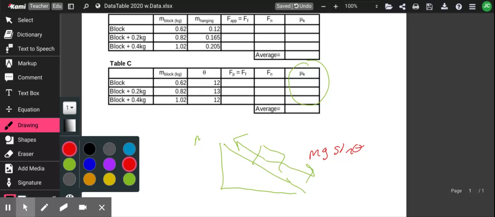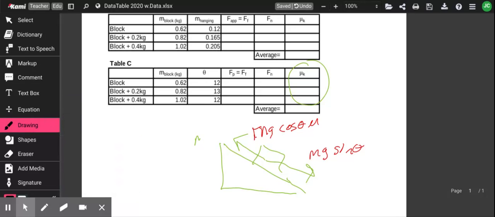The equation for the friction is going to be mg cosine theta times mu. And so they're going to be equal and opposite. Again, the sum of the forces adds up to 0. They cancel out. And so you would get mg cosine theta mu is equal to mg sine theta. The parallel force is equal to the frictional force.